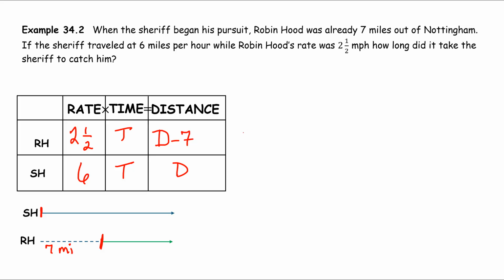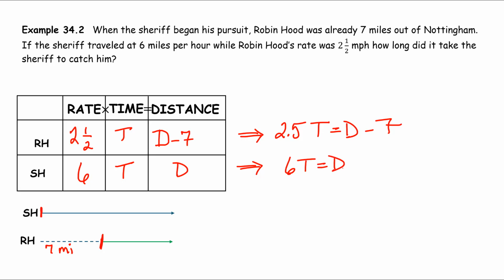We're just going to write two equations with t and d in them. So 2.5 times, and I'm not going to write 2.5 as a mixed number because it's not a good idea to work with mixed numbers in equations. I'm going to write it as 2.5. You could write it as 5 halves if you want, but working with mixed numbers in equations is not a good idea. So 2.5t is equal to d minus 7, and 6t is equal to d.